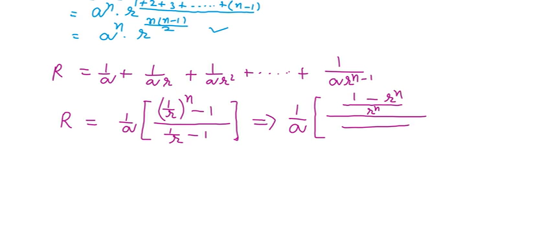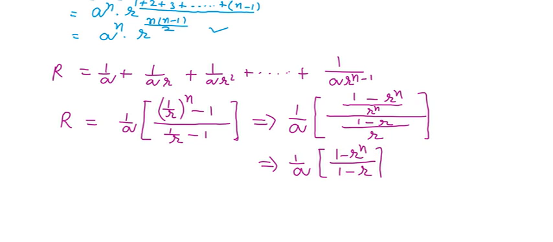In the denominator, the LCM is r, so 1 minus r. So this may be written as 1 upon a, 1 minus r raised to the power n upon 1 minus r into r upon r raised to the power n.